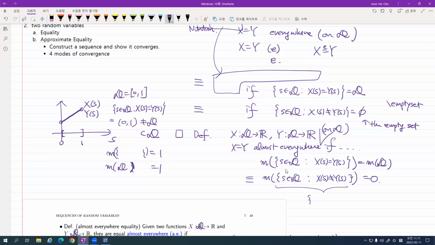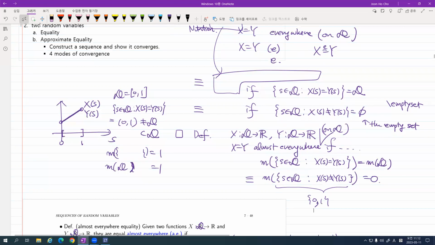This is simply the set of 0 and 1. Here, be careful. This set has 2 points as its elements. And the length of just 2 points in the real line is 0. Okay? So 2 functions are almost everywhere equal.